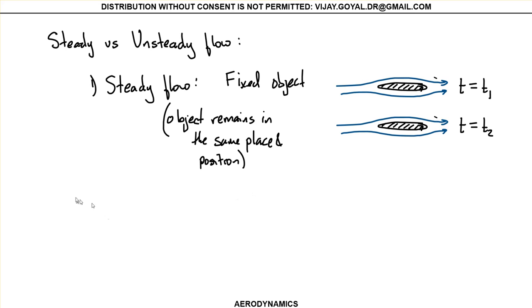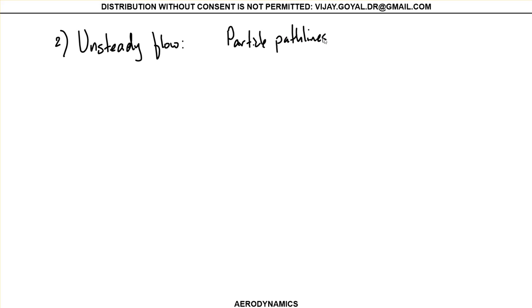Now, for the case of unsteady flow, the following things happen. In this particular case, the particle path lines are different.